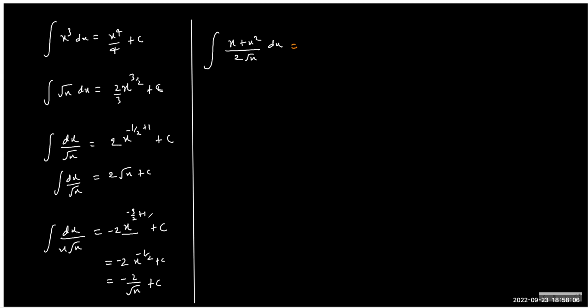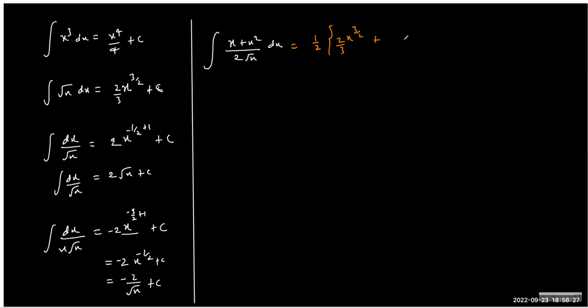What's the answer? 5x raised to 3 by 2 plus 6x raised to 5 by 2 by 15. The first one is 1 by 2 will come out, and then I get root x dx, which is 3 by 2, so 2 by 3. The first term will give this much.